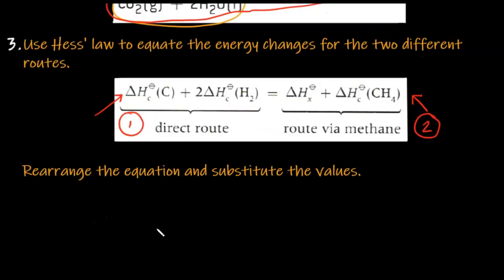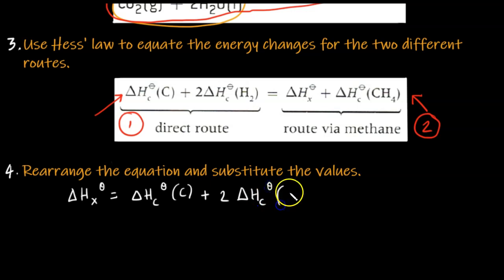So the last step is to rearrange the equation and substitute the values. So delta H x equals delta H C of carbon plus 2 times delta H C of hydrogen minus delta H C of methane.